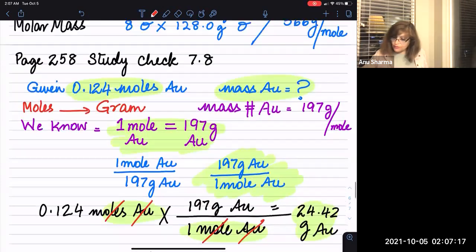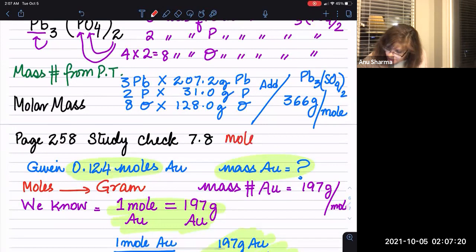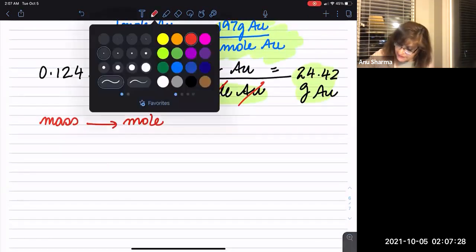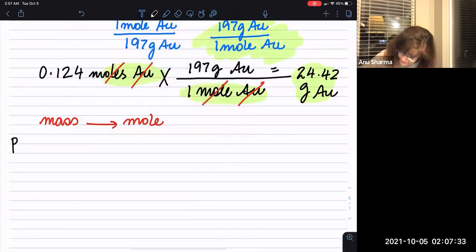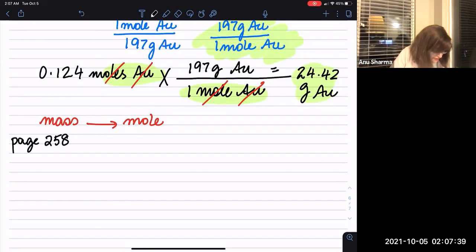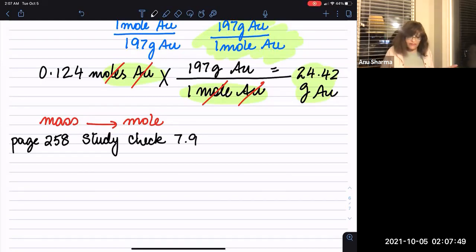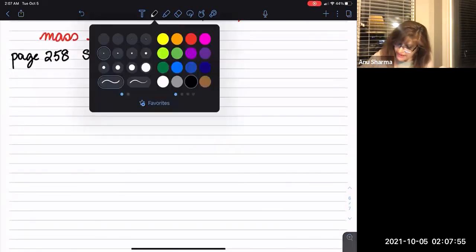Up till now, we did moles to mass conversion, and this one is mass to moles. This is on page 258, study check 7.9.